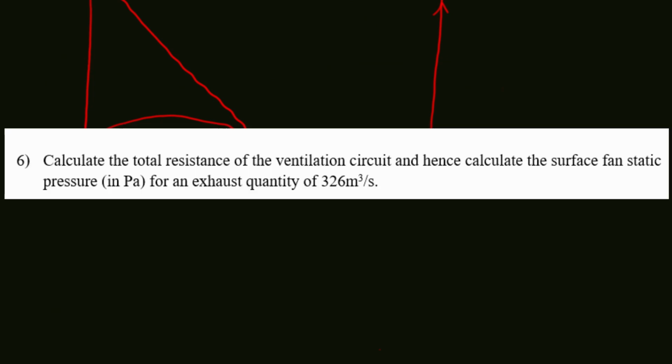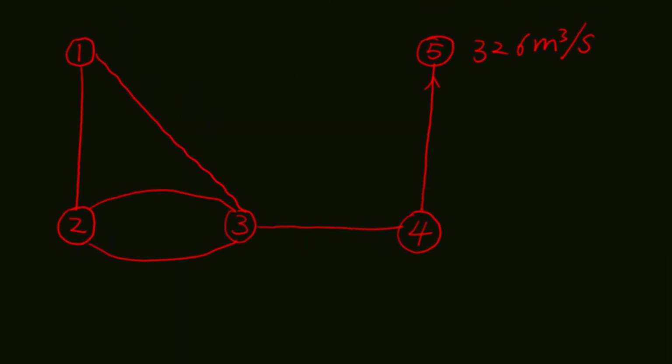Question 6. Calculate the total resistance of the mine and the surface fan static pressure. The total resistance of the mine is the resistance of this part plus the resistance from 3 to 4 and 4 to 5, because the rest is in series. So R total, the mine total resistance, equals R1 to 3 total, plus R3 to 4, plus R4 to 5.